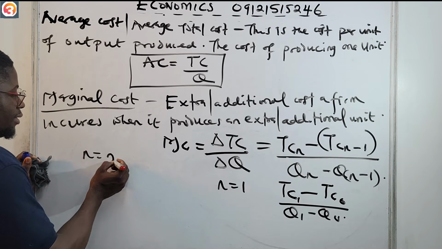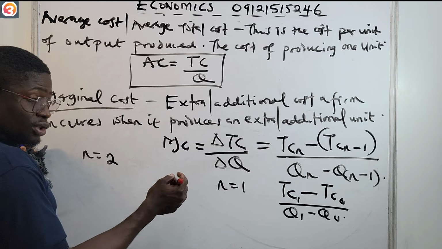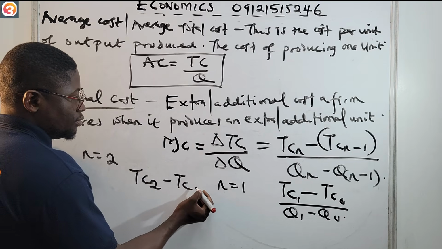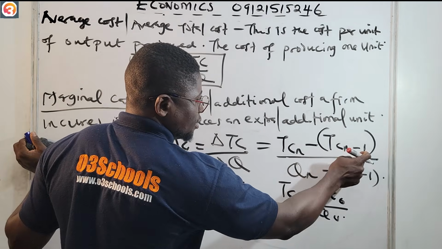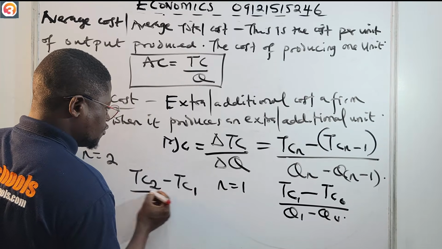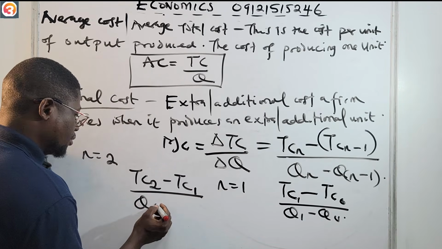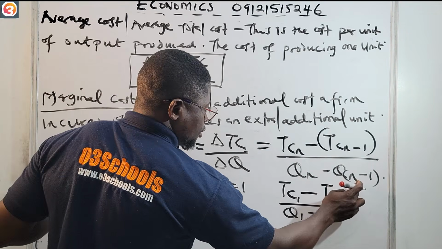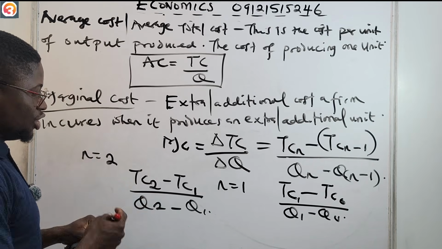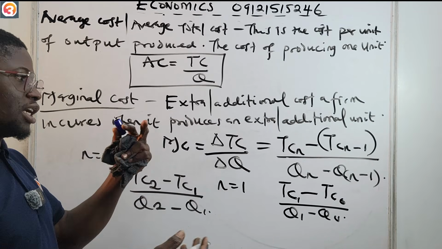If n is 2, for example, the quantity of output we talk about is 2. We're going to have TC2 minus TC(n minus 1). N is 2, 2 minus 1 is 1, so TC1 over Q2 minus Q1. It just keeps talking about the change.